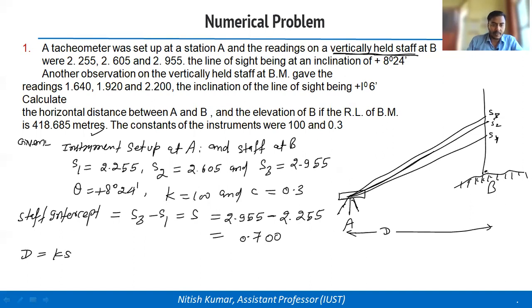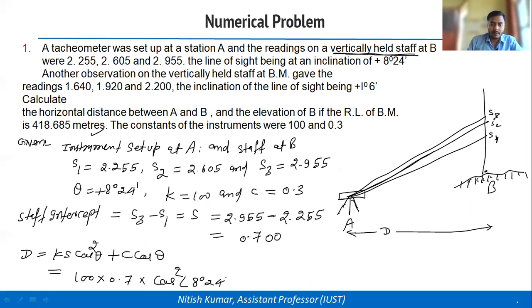What formula do we have? D is K S cos square theta plus C cos theta, where K is 100 into 0.7 into cos square 8 degree 24 minute plus 0.3 cos 8 degree 24 minute.